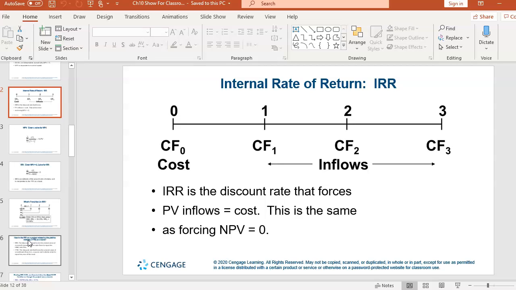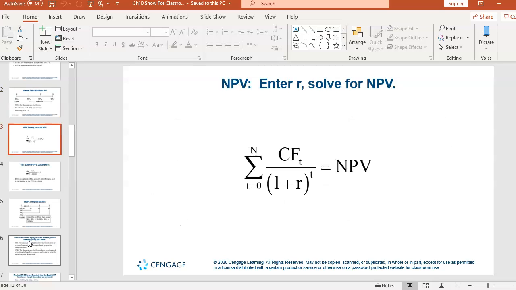So basically, we've got our cash flow today, which is the cost of the project, and we've got our future positive cash flows with the project. And so this is the formula for it right here. That looks complicated, but I promise you it's not that bad. So we're taking the cash flows divided by 1 plus R to the power of time, which equals NPV.